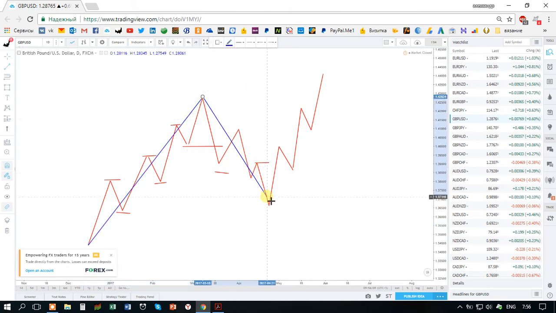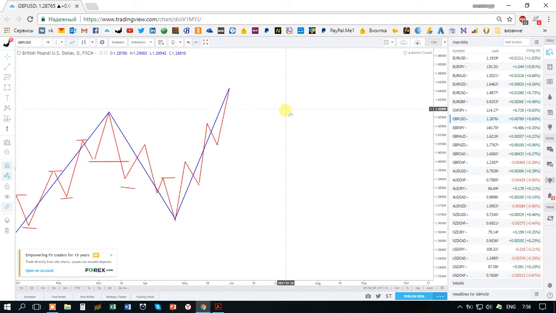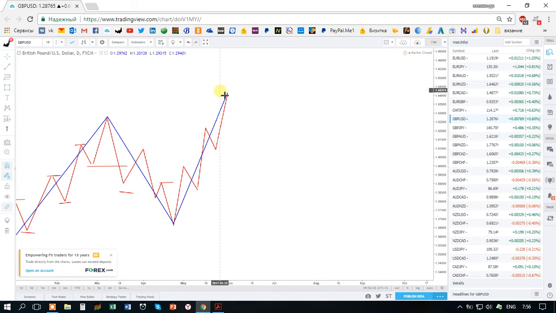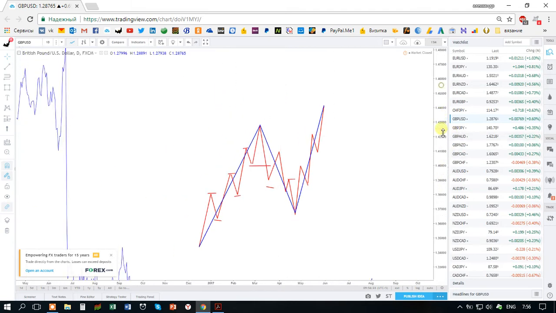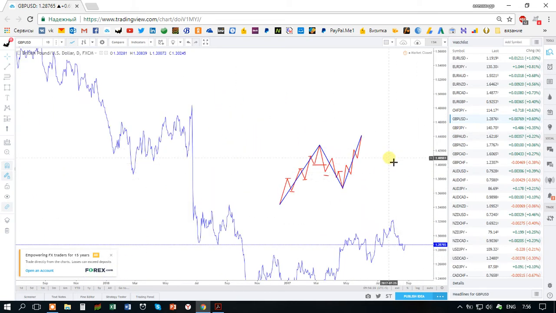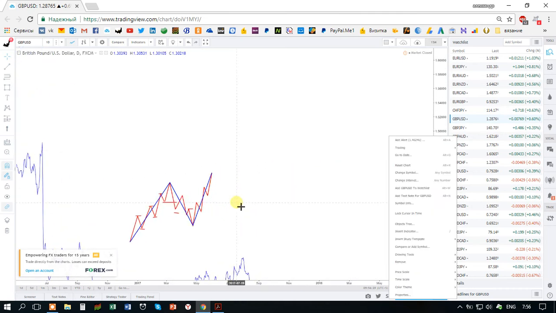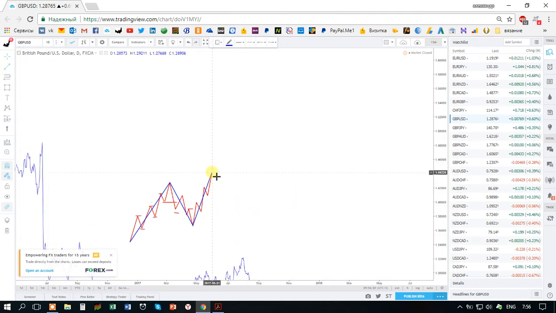I will draw an intermediate trend, and this red is actually a minor trend, like this. If we continue that intermediate trend, let me zoom it out more and more, like this. Continue this intermediate trend this way.